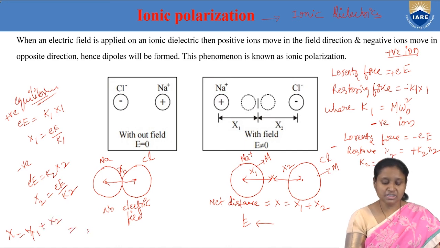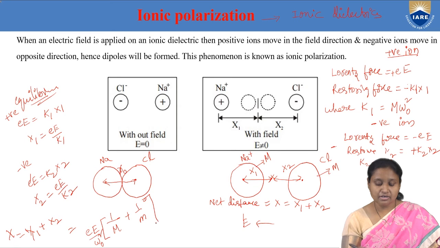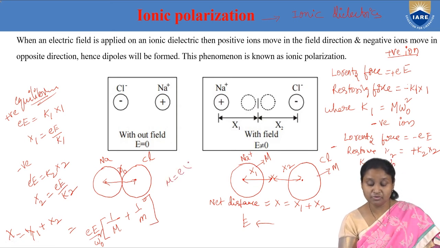So it comes out to be EE into 1 by K1. But what is our K1 in terms of the mass? It is taken as, of course here we have omega naught square, so it is 1 by m plus 1 by m. And we know that induced dipole moment is charge into separation between the charges.